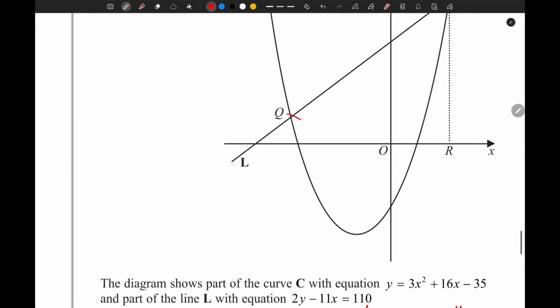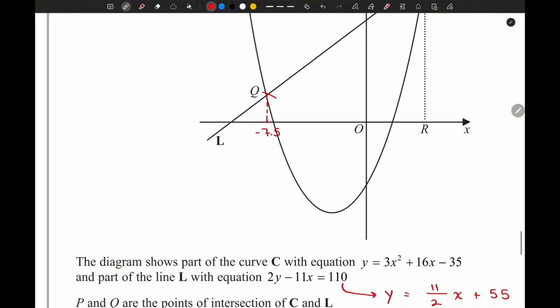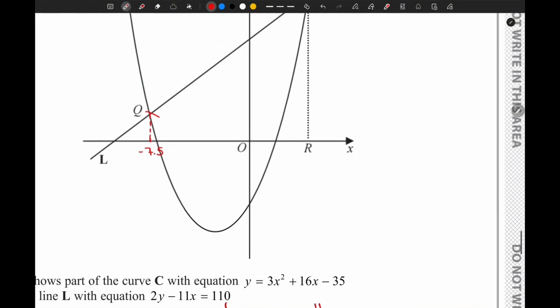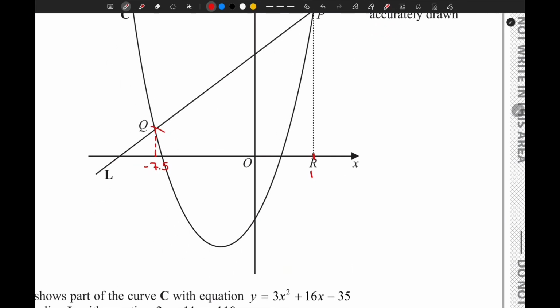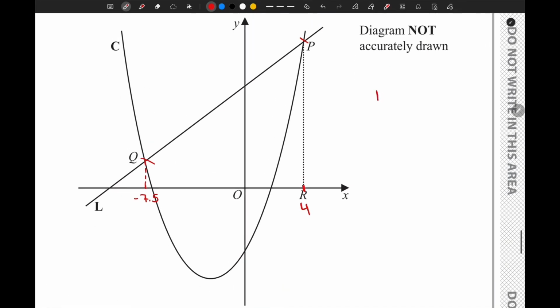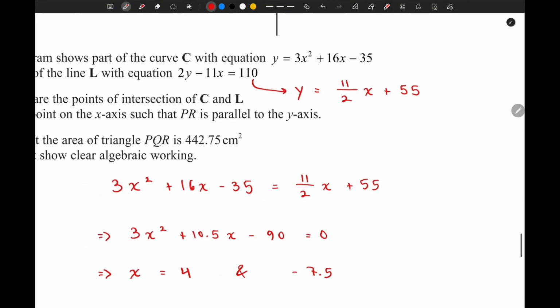So we can clearly see that the x coordinate of Q is minus 7.5 and the x coordinate of P is 4. So we know that the coordinates of R is 4 and 0. Now we just need to find out the y coordinate of P and Q. We can just substitute the value of x into this equation. So yp would be 11 over 2 times 4 plus 55, which is 77.